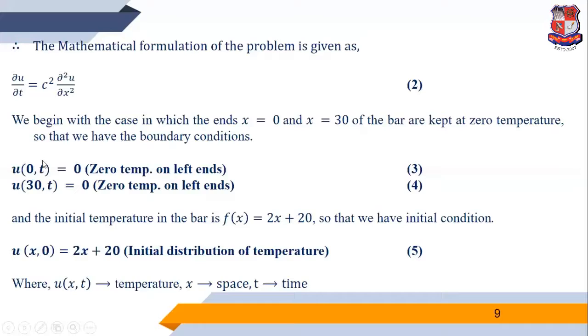So the boundary conditions are u(0,t) is equal to 0 and u(30,t) is equal to 0, and the initial temperature in the bar we consider f(x) is equal to 2x plus 20, so that we have the initial condition u(x,0) is equal to 2x plus 20, where u(x,t) is the temperature, x is space, and t is time.